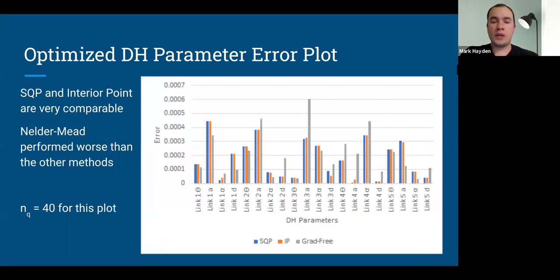So comparing the other 3 methods, the sequential quadratic programming and interior point with the Nelder-Mead, the gradient-based methods using just the built-in finite differencing in fmincon were very comparable, while the Nelder-Mead performed slightly worse. This plot shows error plotted among all of the different DH parameters.